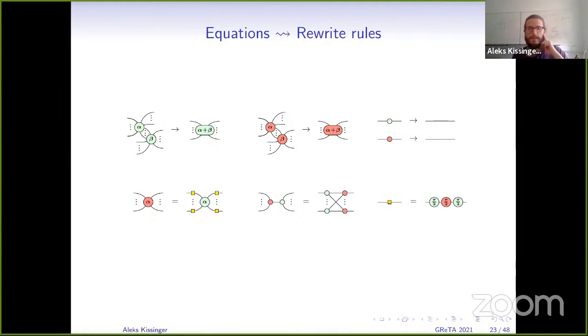Particularly if you see this as a rule going from the right to the left, for one thing, it's not confluent, but somehow it's worse than that: you even get bigger and bigger cycles of non-confluence. So it's very ill-behaved if I want to rewrite from the right to the left.